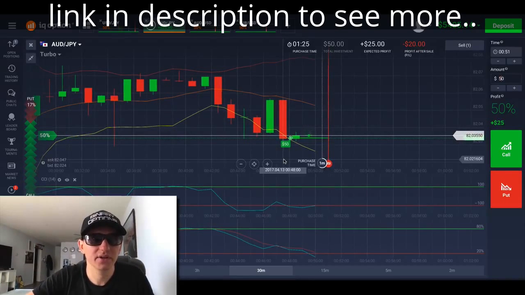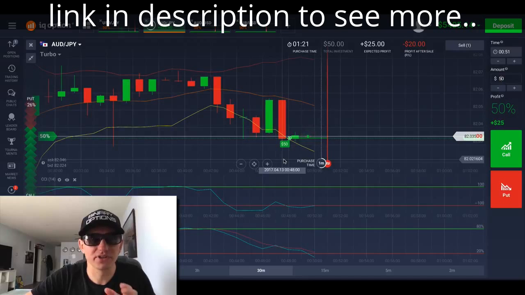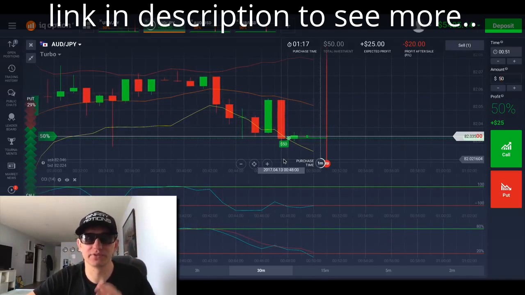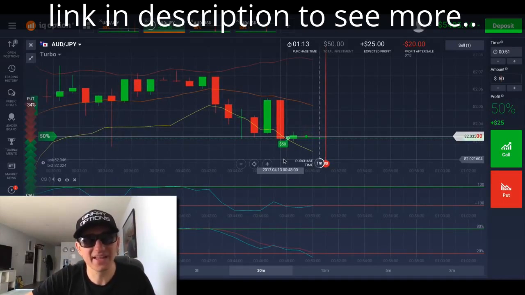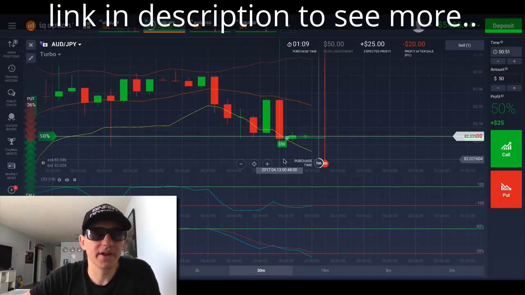The D line is a 3-period moving average of the K line, so it is slower to react, and in all cases it's gonna follow the K line.